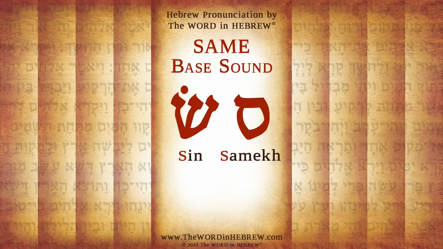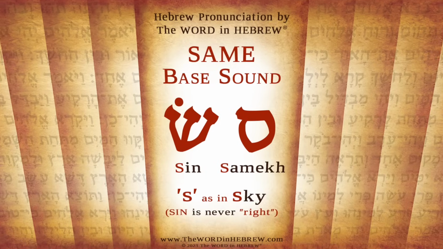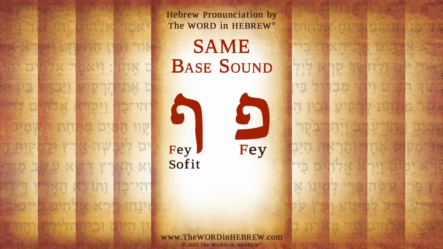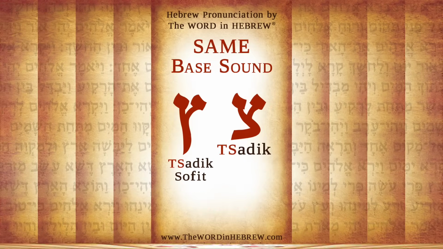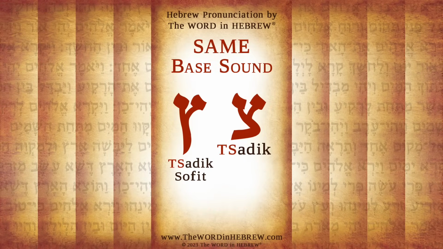Samekh and Sin both make s as in sky. Fey and Fey Sofit both make f, as in off. And finally, Tsadik and Tsadik Sofit both make ts, as in boots.